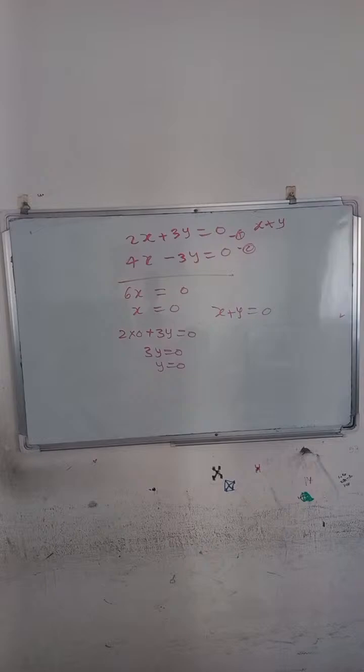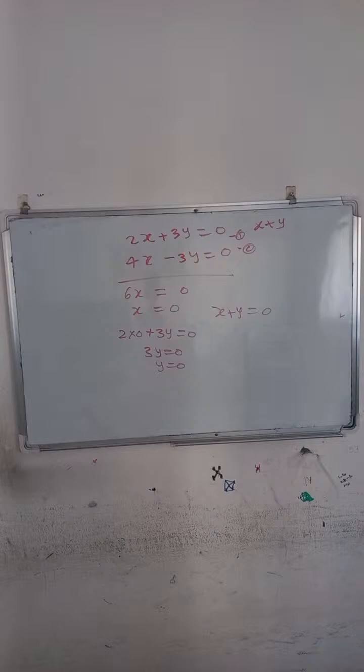If (6, k) is a solution of the equation 3x + y - 22 = 0, then find the value of k. a is equal to 4, b is equal to minus 4, c is equal to 3, d is equal to minus 3. Okay, so these are the options given.